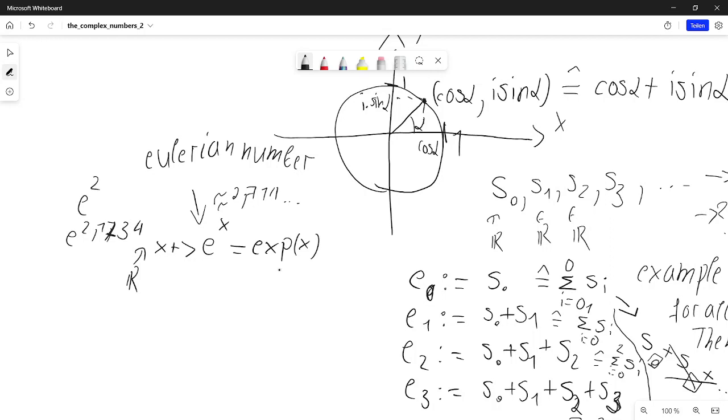But how would we actually compute this? Well, you could use a calculator, but we are interested now in how to really compute this. And this is done as follows.